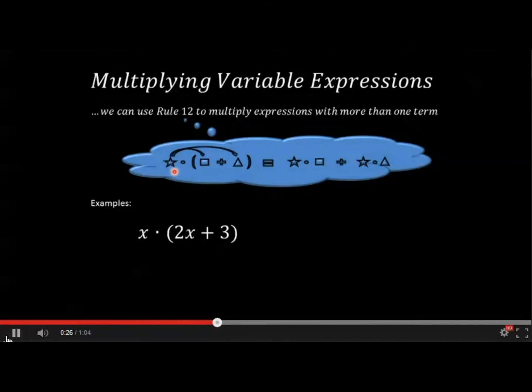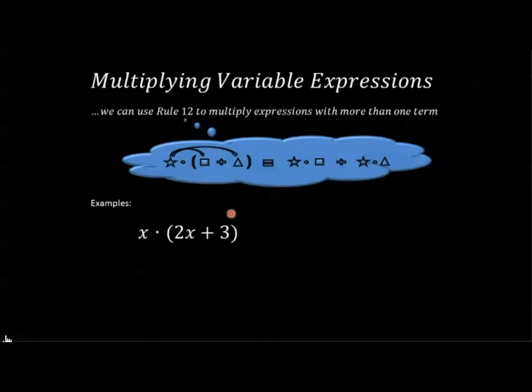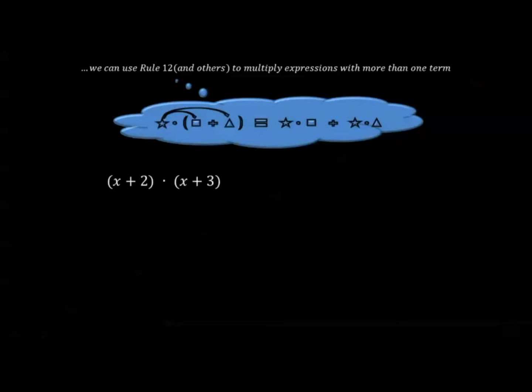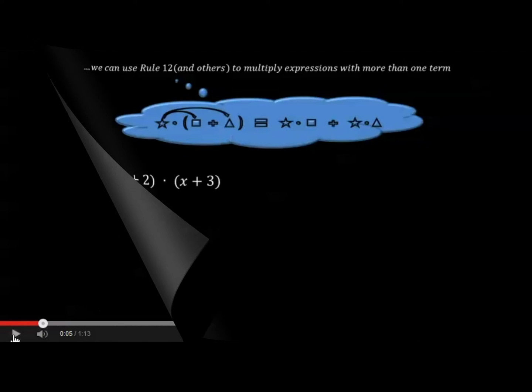X plays the role of star, 2x plays the role of square, and 3 plays the role of triangle. This expression fits the pattern of Rule 12. The quantity x plus 2 plays the role of star. X plays the role of square, and 3 plays the role of triangle.